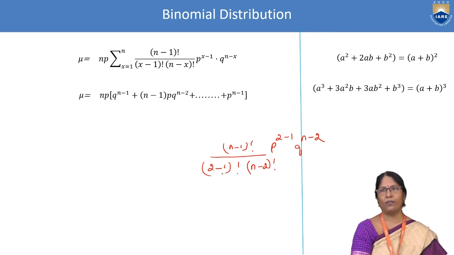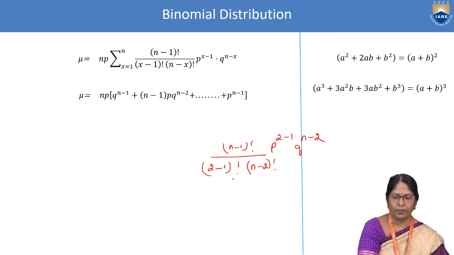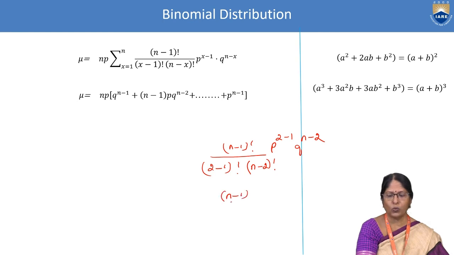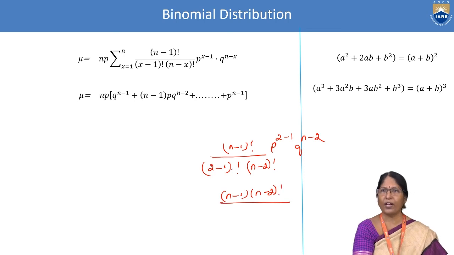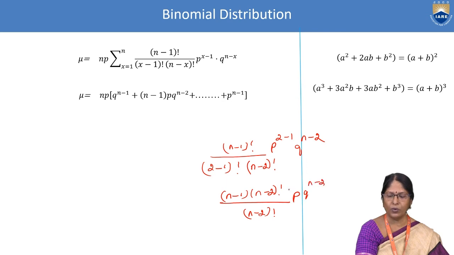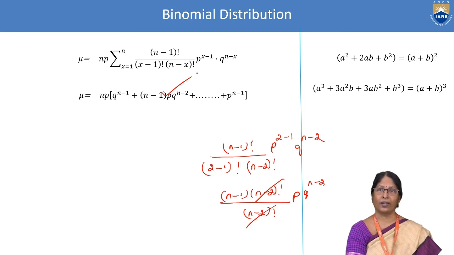Here 2 minus 1 factorial is nothing but 1 factorial. We can simplify n minus 1 factorial into n minus 1 times n minus 2 factorial, divided by 1 factorial, that is 1. 1 factorial value is also 1, 0 factorial value is also 1. So the bottom is n minus 2 factorial, p power 1 into q power n minus 2. This gets cancelled. We got the second term correctly.